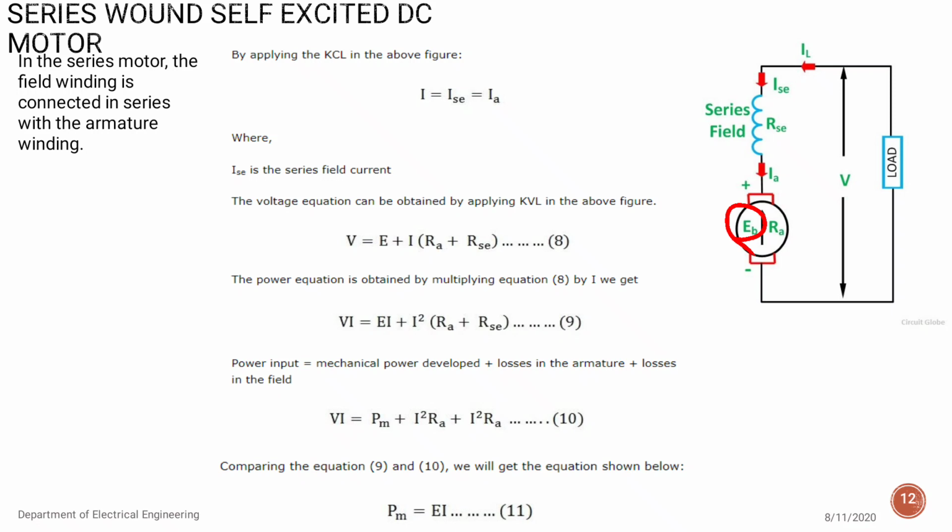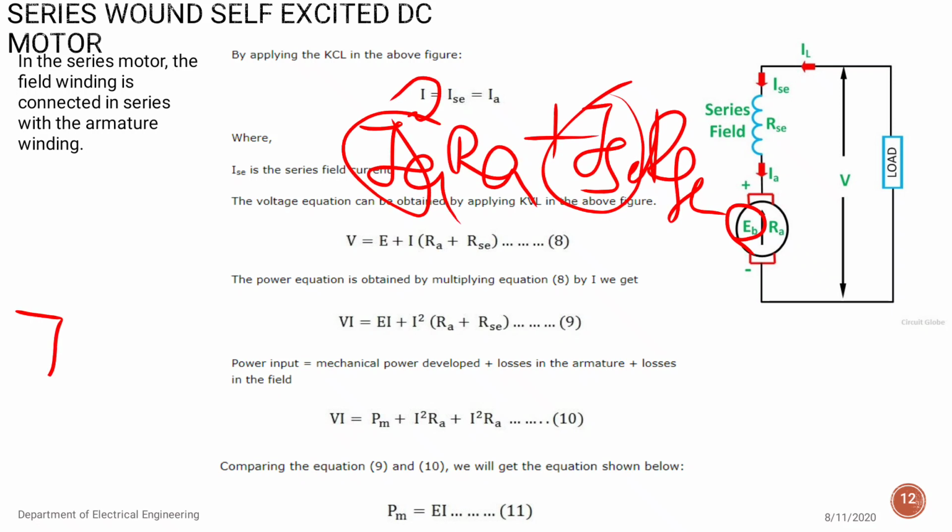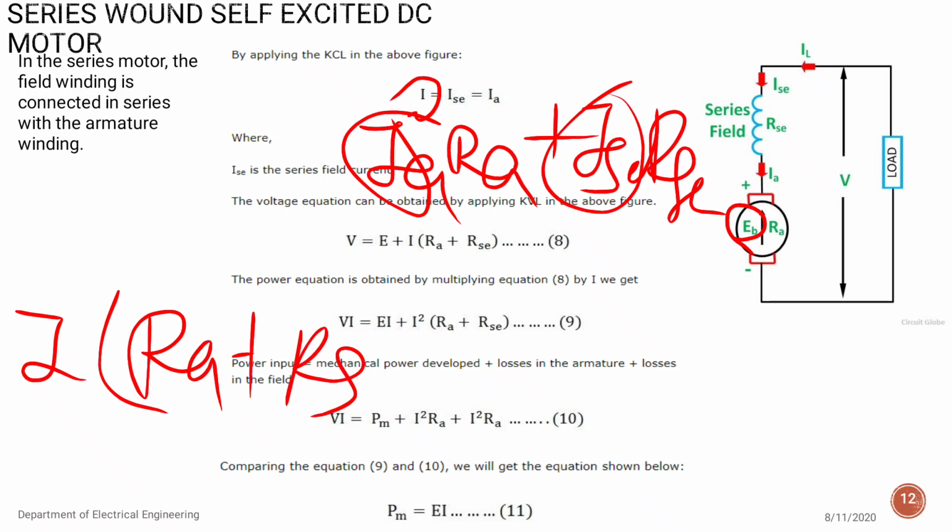See here, Ia Ra is the voltage drop across the armature, and Ise Rse is the voltage drop in the field winding. But we know that Ia and Ise are both equal to I. So I will write I into Ra plus Rse. This is equation number 8.